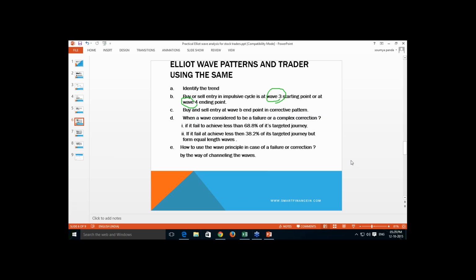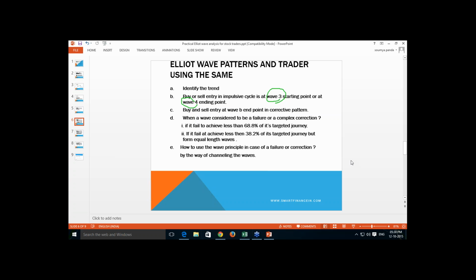You also have to understand a concept in wave theory that wave structures also used to fail. If out of whatever estimations you have made, 68% of the estimation you have not achieved, then this is going to be a failure or a complex correction.